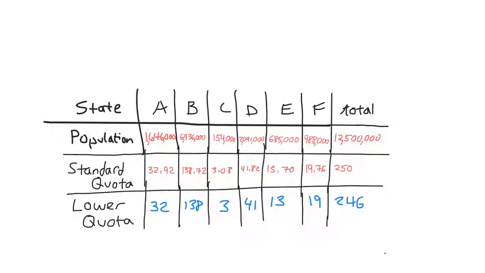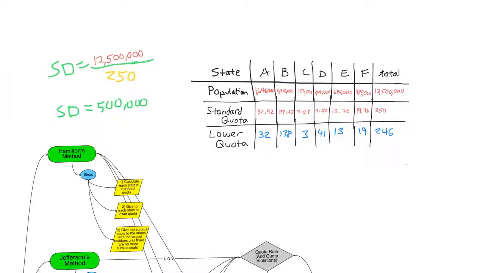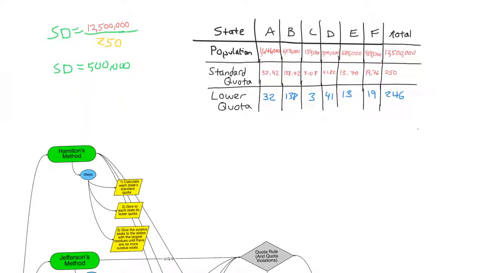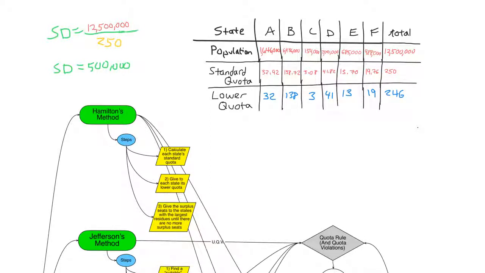Well, Hamilton's method, once again, as we had talked about before, says the following. Hamilton's method says that we should give each state its lower quota. Well, we just did that. We assigned state A 32 seats, but now we have surplus seats, and we're going to give the surplus seats to the states with the largest residues until there are no more surplus seats.